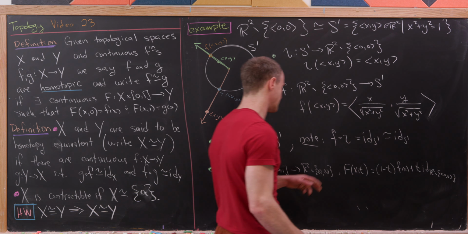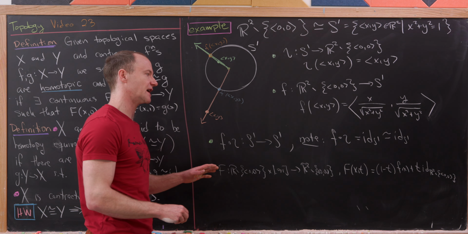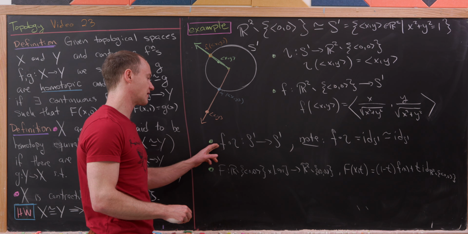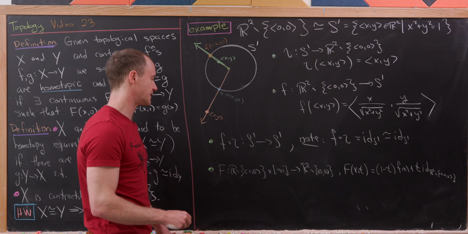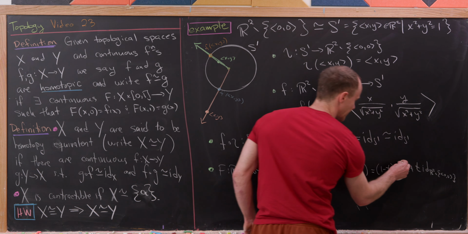And you might say, well, I'm supposed to have the inclusion composed with f of x here, but that's actually not super necessary because observe that this inclusion composed with f is just equal to f, just based on how everything works. f scales everything down to being on the unit circle, but then this inclusion is the identity on the unit circle already. Okay, great.